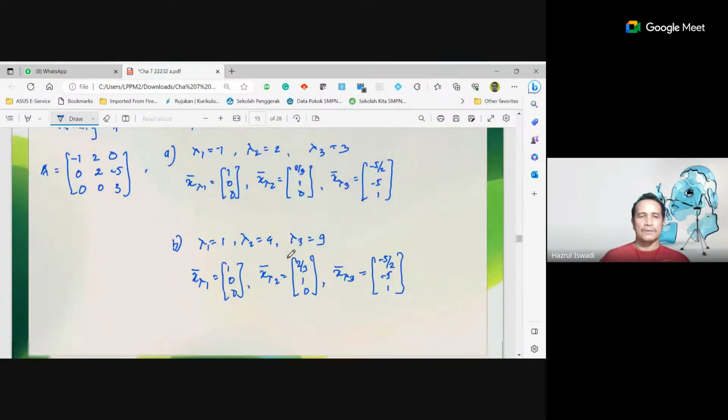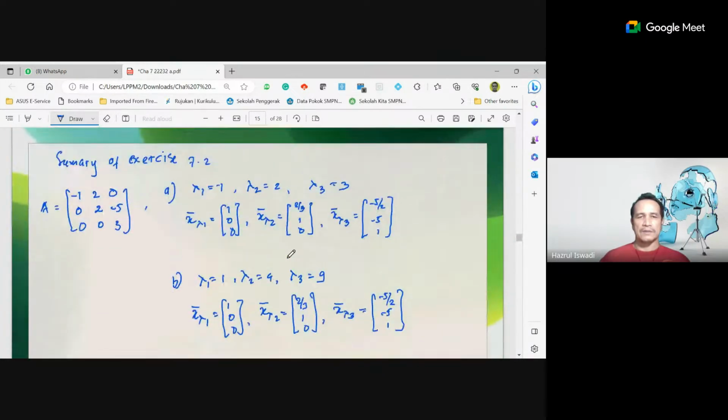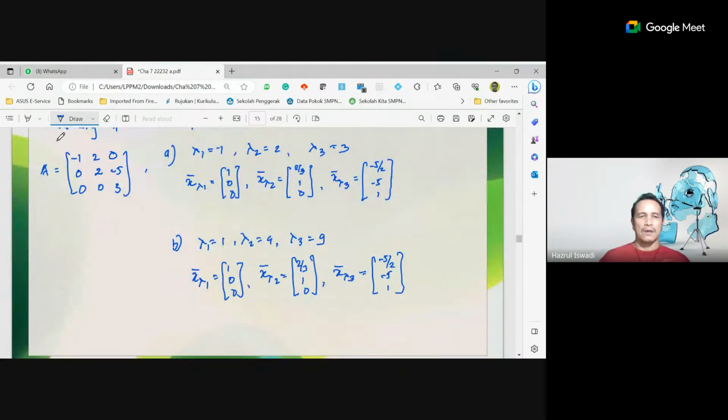Okay, so this is the summary of exercise 7.2. We are given a matrix A like this, and the eigenvalues can easily be found from the main diagonal. The eigenvectors should be calculated one by one, and we have these eigenvectors.